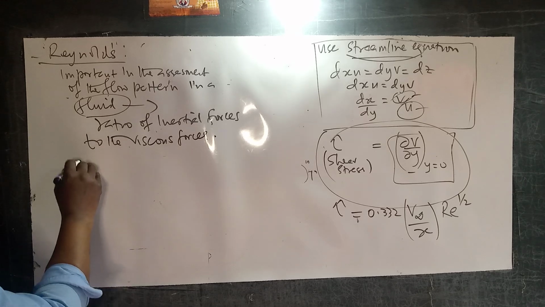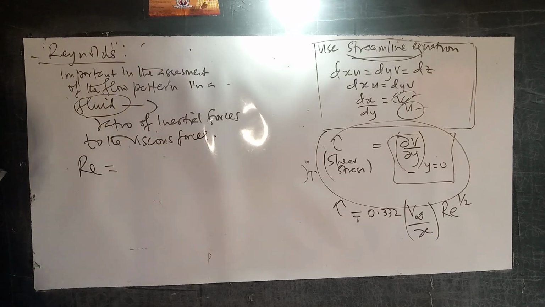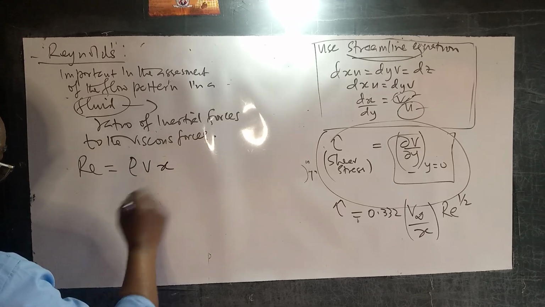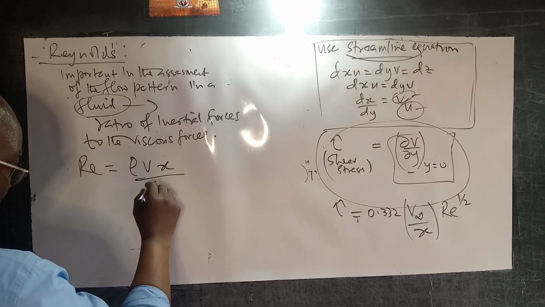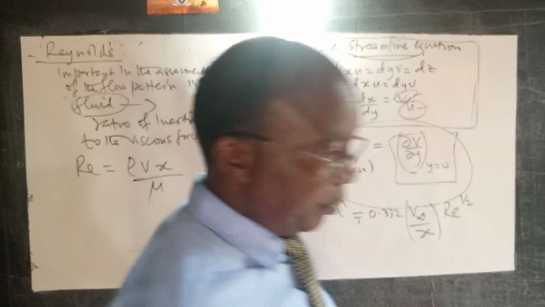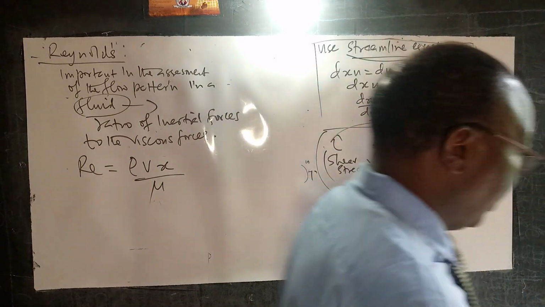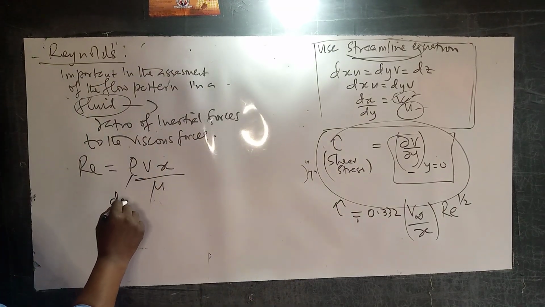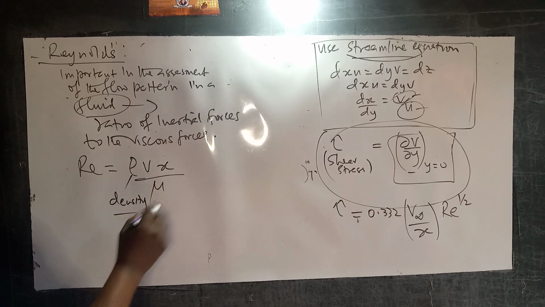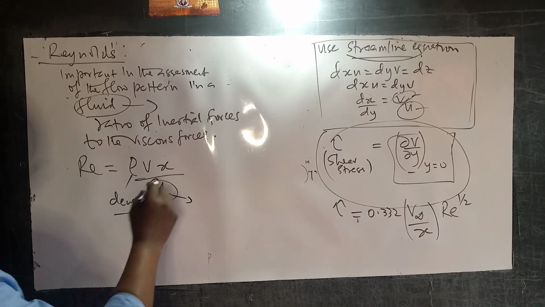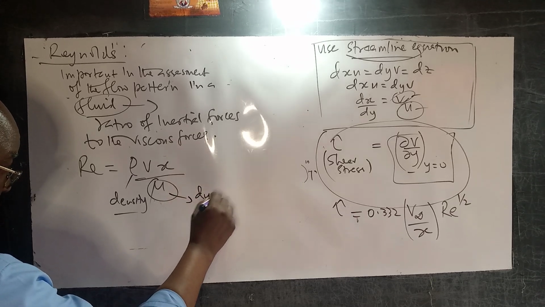So the Reynolds number, Re, is simply rho v x over mu, where rho is the density and mu is the dynamic viscosity.